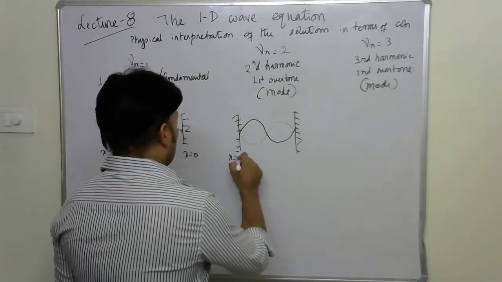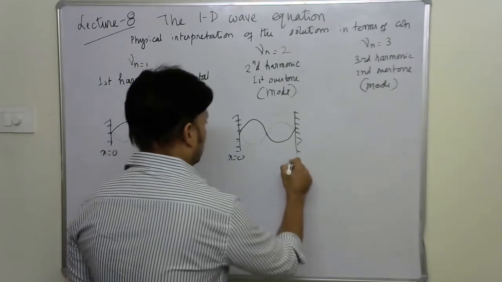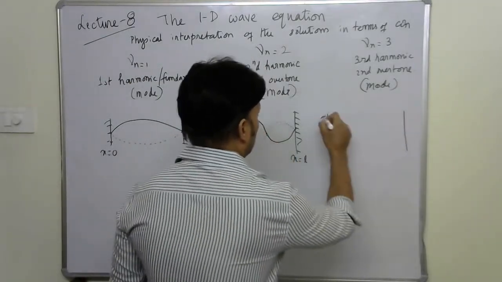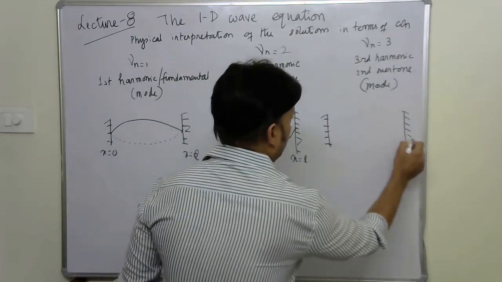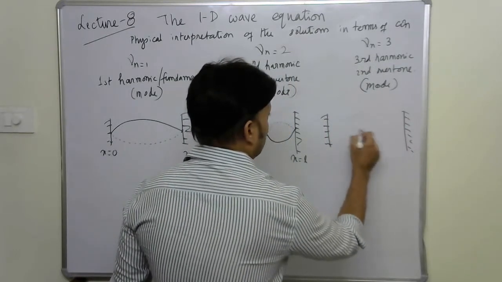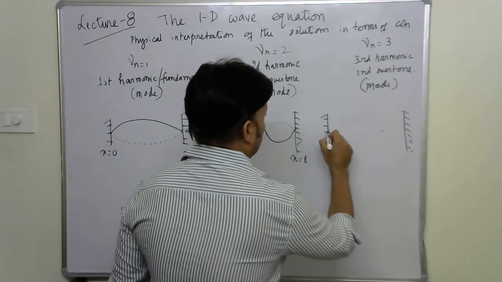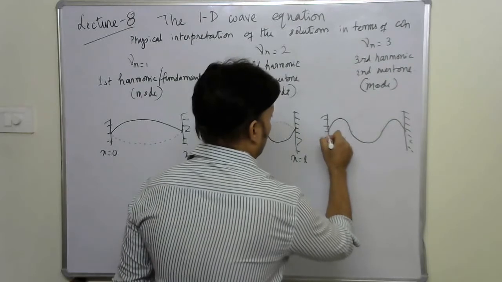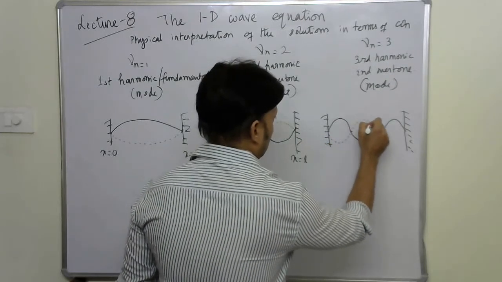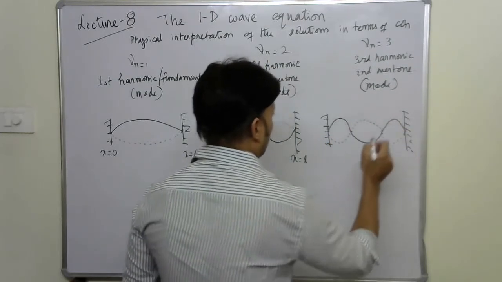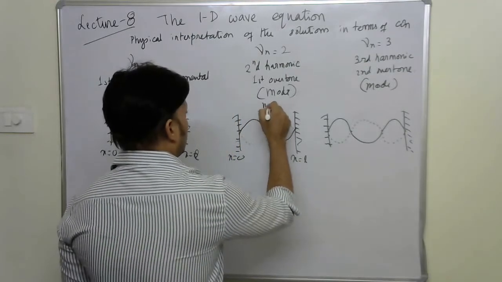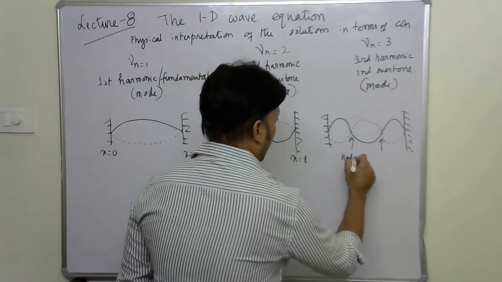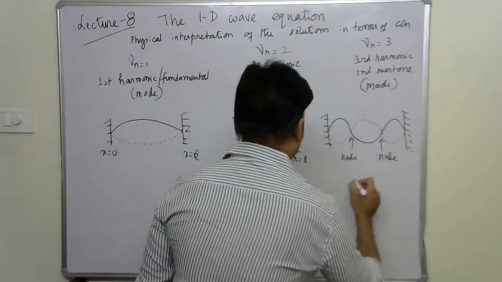And here x is equal to L. And for the third harmonic, this becomes the picture. There will be two nodes, alright? So the string will vibrate this way, and this is the other position. So here we have one node, and here we have two nodes. This is one node and this is another node.